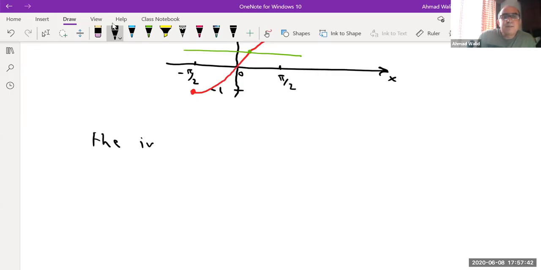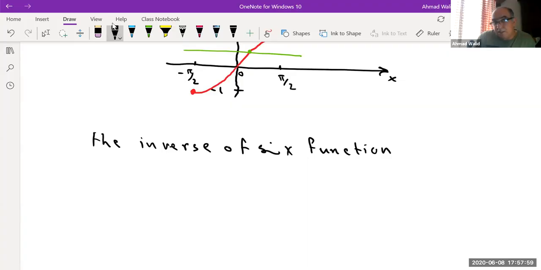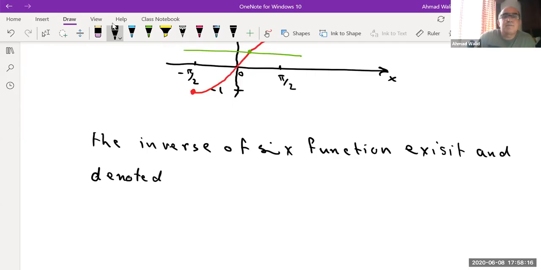For example, the inverse of the sine x function exists because it's one-to-one, correct? And we denote it by sine with a -1 here.